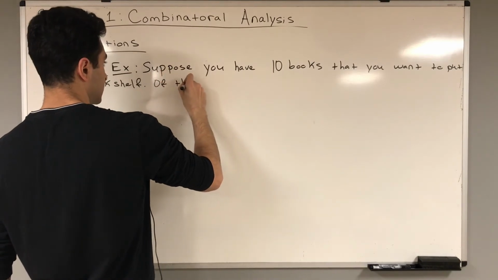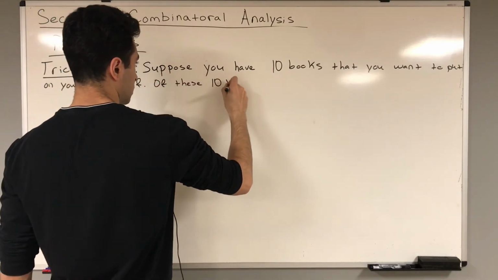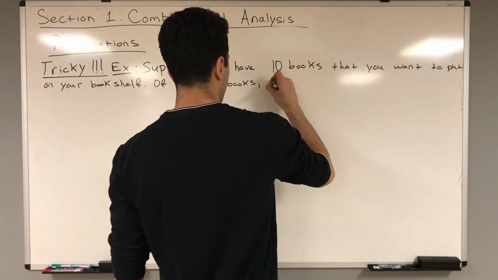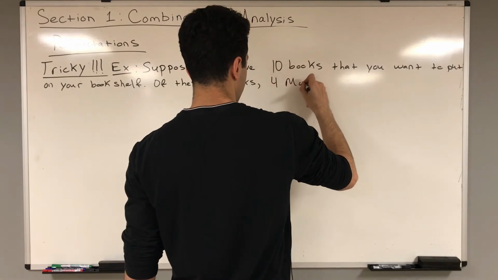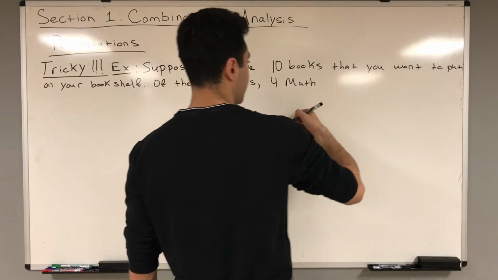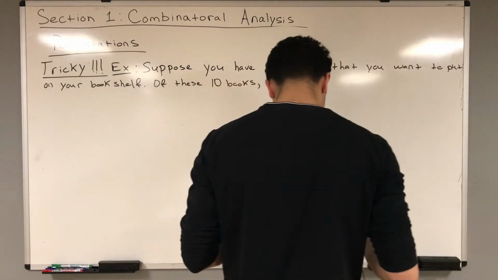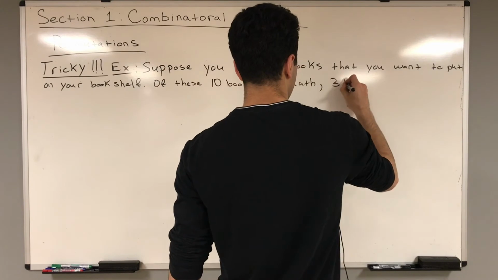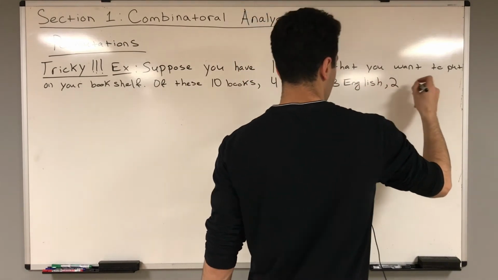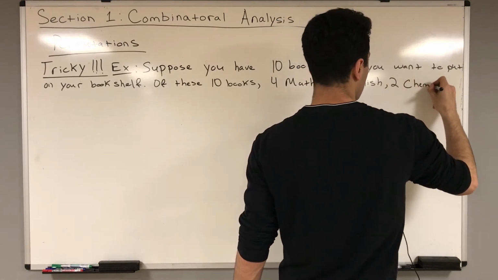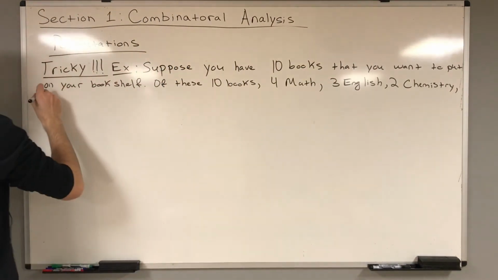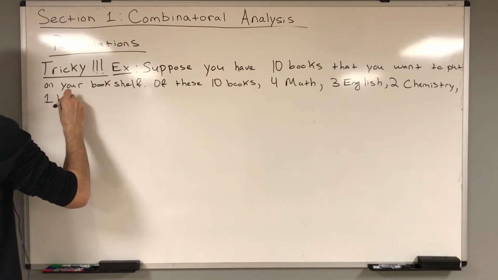Of these 10 books, 4 of them are math books, of course, right? Because you're a mathematician. 4 math books. 3 English books. You have 2 chemistry. And you have 1 history book.